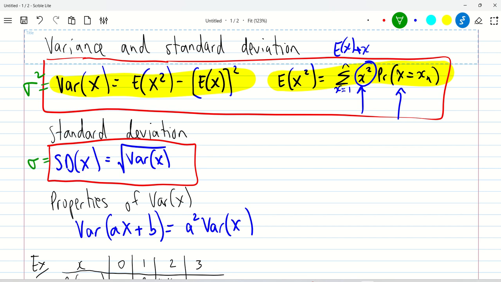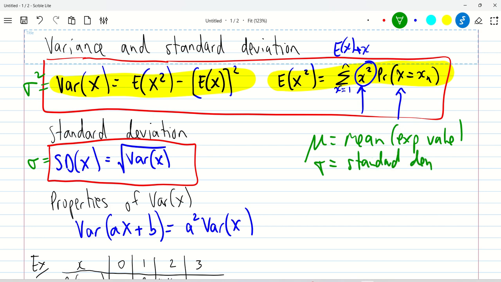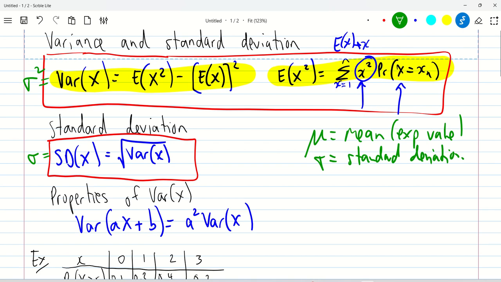So sigma is the standard deviation, just in case you see that notation. So just a reminder, mu is the mean or expected value, and sigma is standard deviation. Just two symbols that you might see. When I say might see, almost definitely see. So to find the standard deviation, all we do is square root the variance.